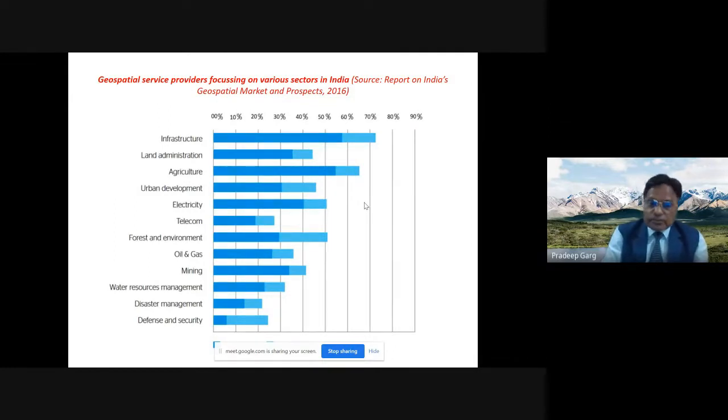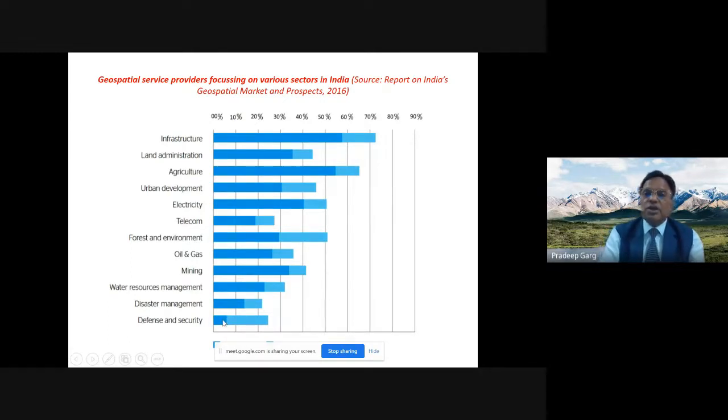This slide shows a little older, 2016 data, but it is giving us some kind of a pattern. What are the areas where this is being used: infrastructure or land administration or urban development or electricity, telecom industry, oil and gas exploration, the mining areas, disaster management, defense and security.